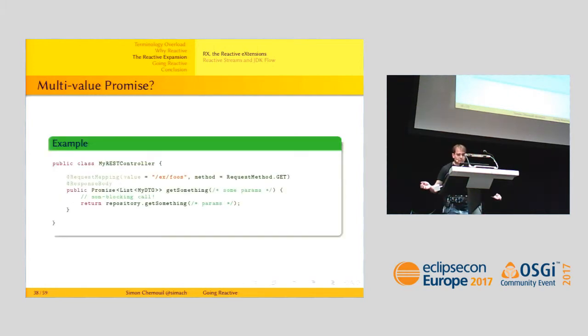We could have a promise of a list that would return multiple values, but that would mean we know exactly how many values there are first. We have to know that when we create the list, and we also have to have all these DTOs in memory when we do that, which can be expensive in terms of how much memory is consumed. So that's not working.